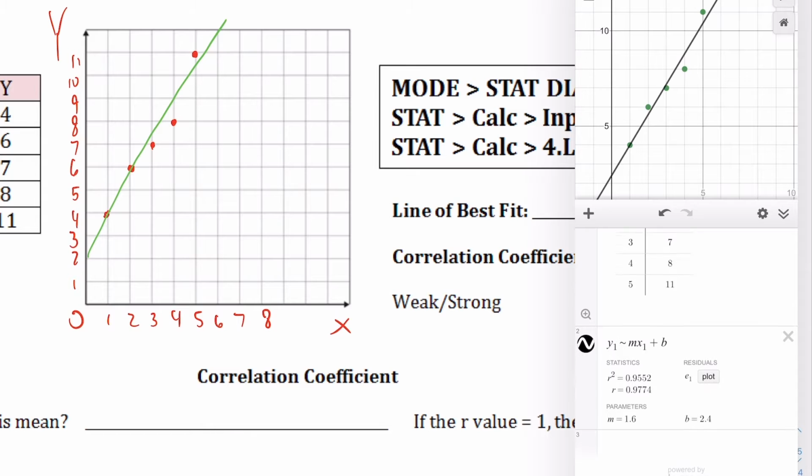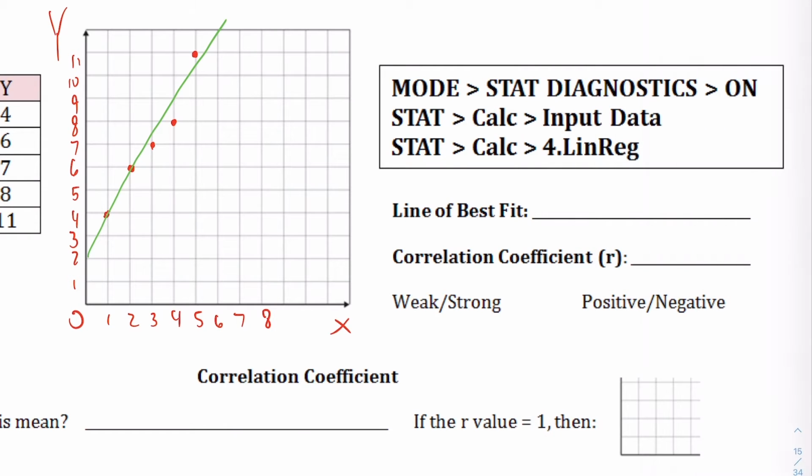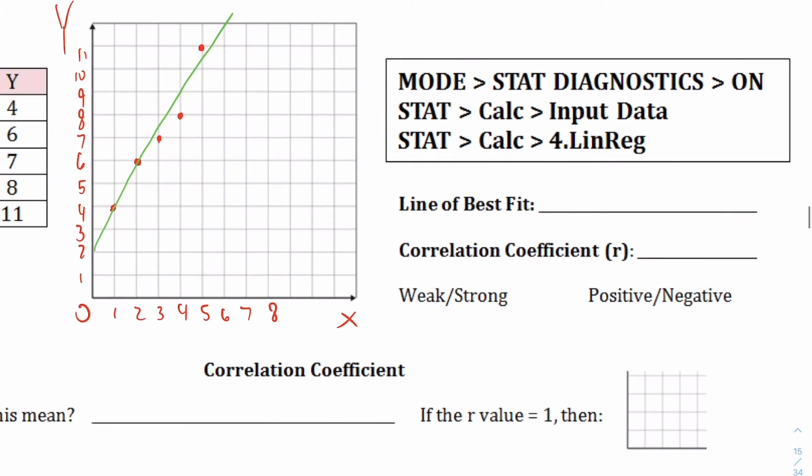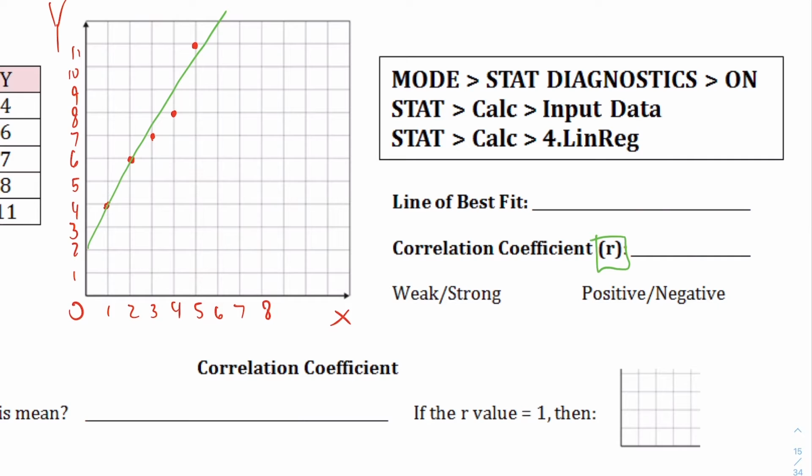The correlation coefficient is the letter R, and my R is 0.977. Make sure you're writing that down. The correlation coefficient is the letter R, and R for this data was 0.977.